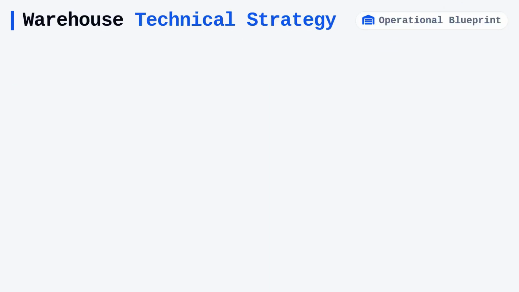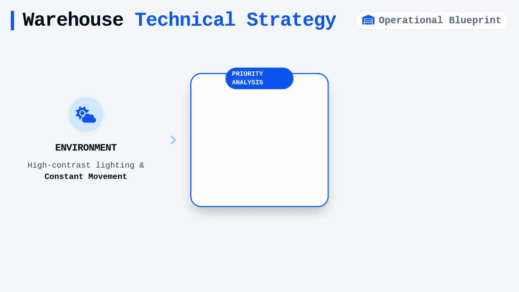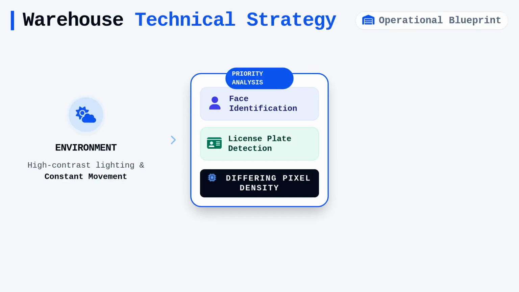Consider the scenario of a large warehouse loading dock, which presents a high-contrast environment with significant movement throughout the day. We need to decide if we are prioritizing the identification of faces or the detection of vehicle license plates, as the pixel density requirements for these tasks are fundamentally different.